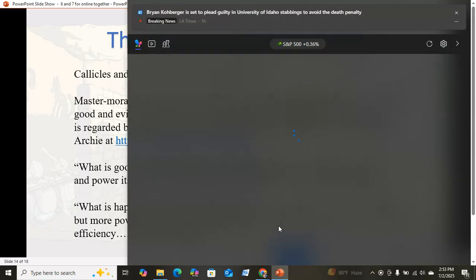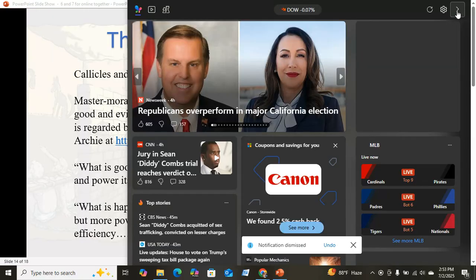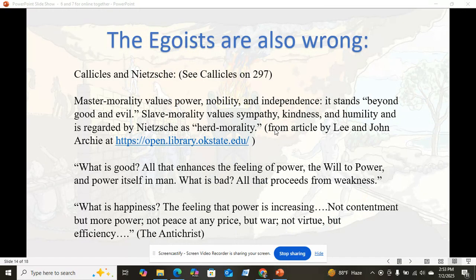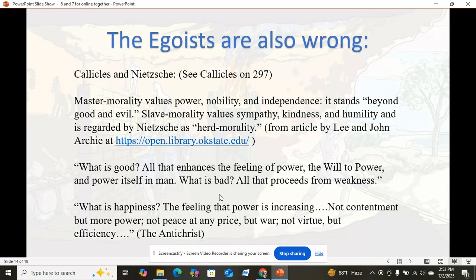Nietzsche at one point says, what is good? All that enhances the feeling of power, the will to power, and power itself in man. What is bad? All that proceeds from weakness. This is reminiscent of Callicles, right?